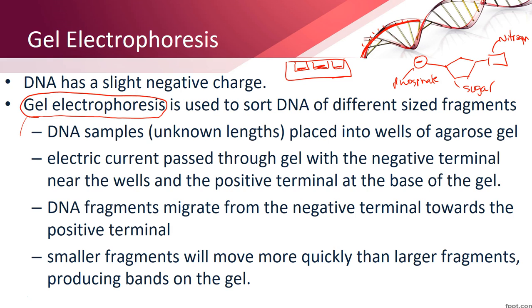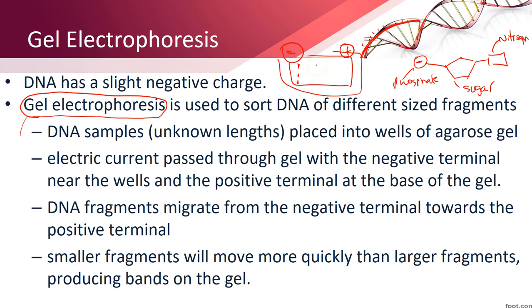The gel is then sat in an apparatus that, if we were to look at it from the top down, so if we change our perspective, the wells would be here that have got the DNA. We would attach it to a positive electrode here, negative electrode here, and there's a solution that it sits in that allows the current to flow.